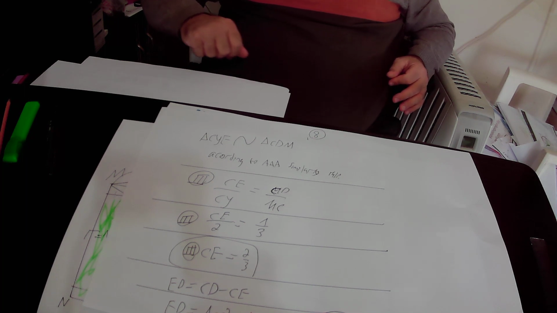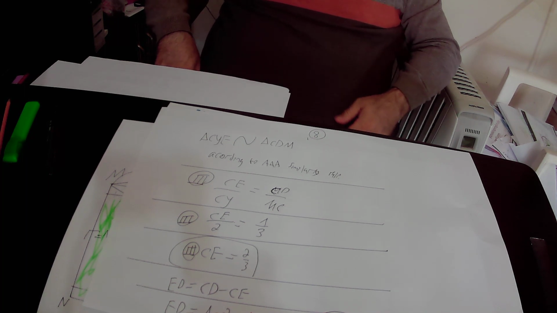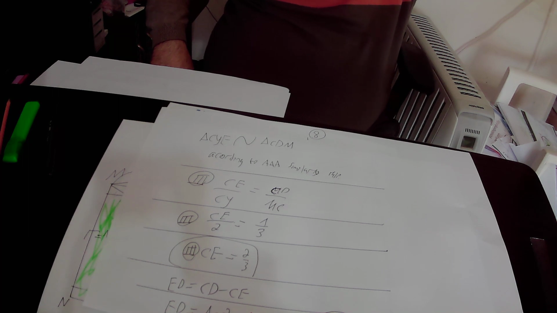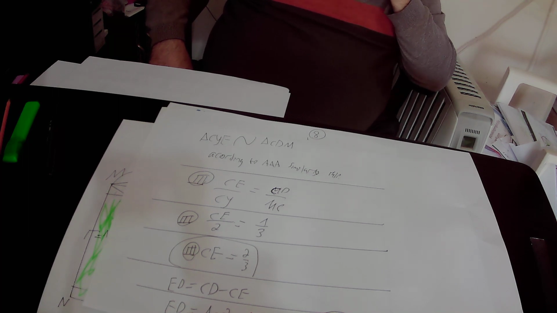And what is the angle similarity rule? The angle similarity rule is that if you prove that all three angles in one triangle are congruent to all three angles in another triangle, then those two triangles are similar to each other.